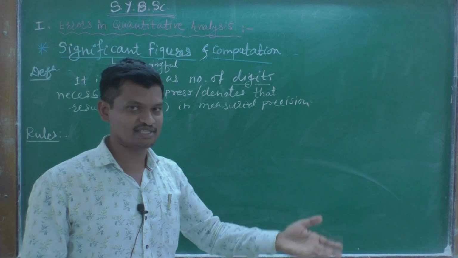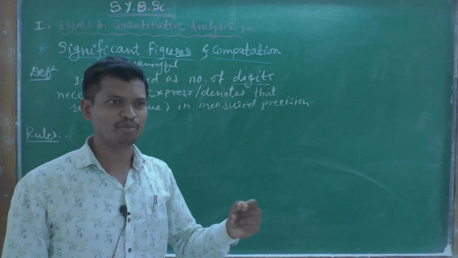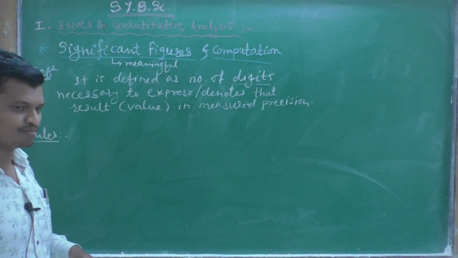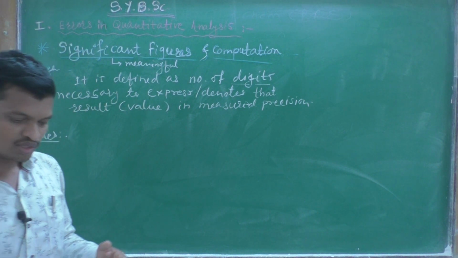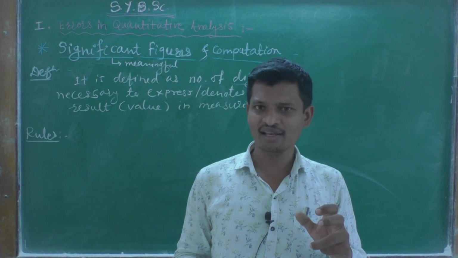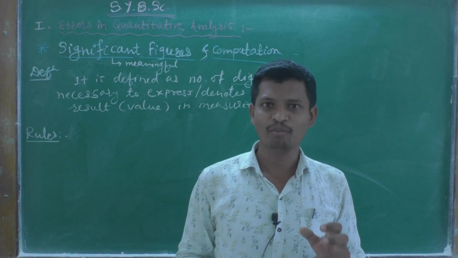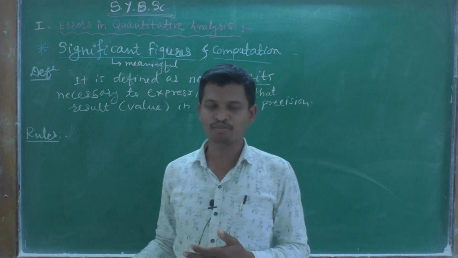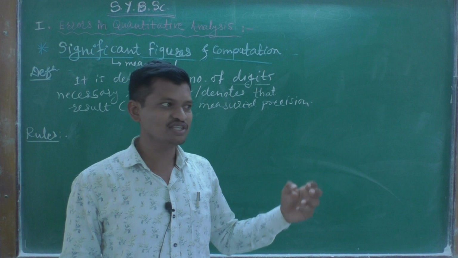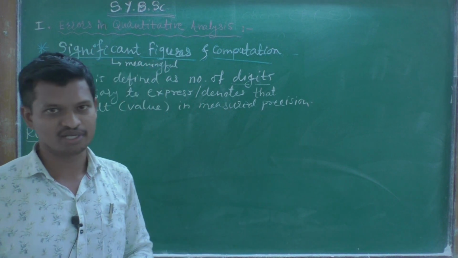That minimum number is called significant figures. The definition is quite critical or complicated, but if we go through a number of examples, then it is very easy to understand the definition as well as the concept of significant figures.